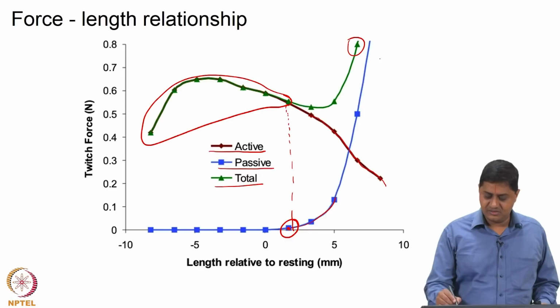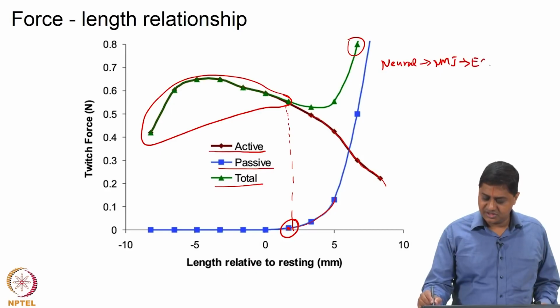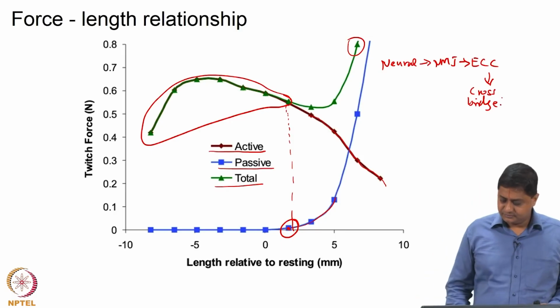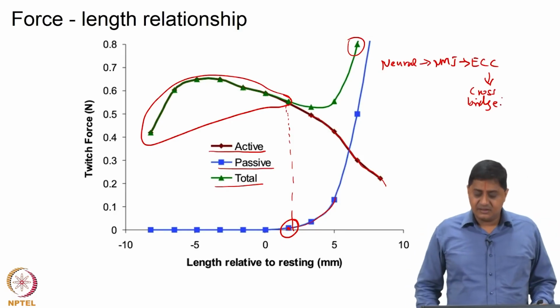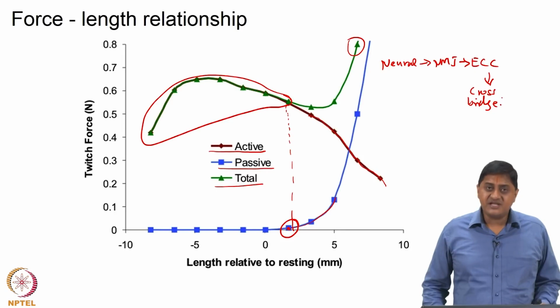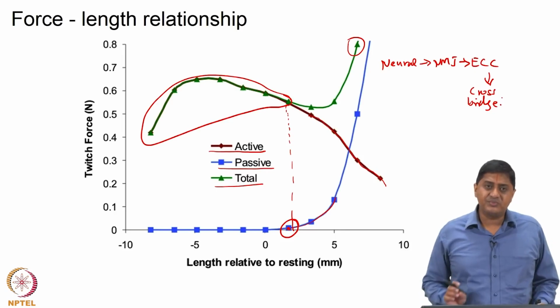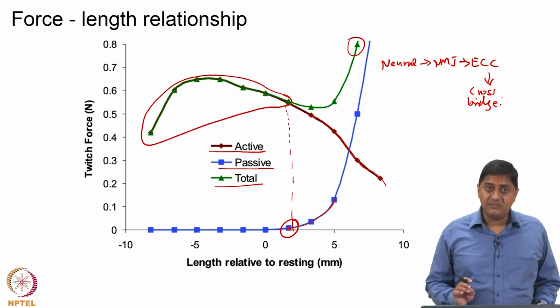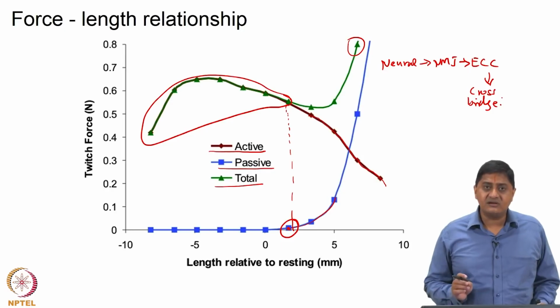So, basically neural control to neuromuscular junction, to excitation contraction coupling, to cross bridge formation. It is this that causes the active force. Passive force on the other hand is caused purely by the passive properties of the contractile proteins that form the muscle.